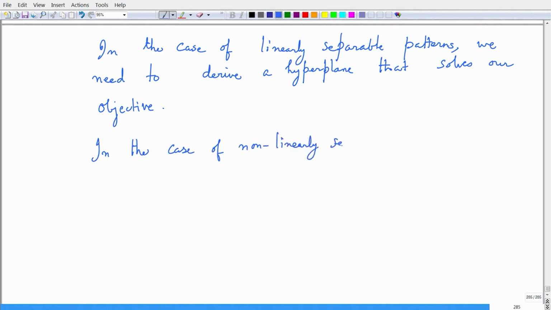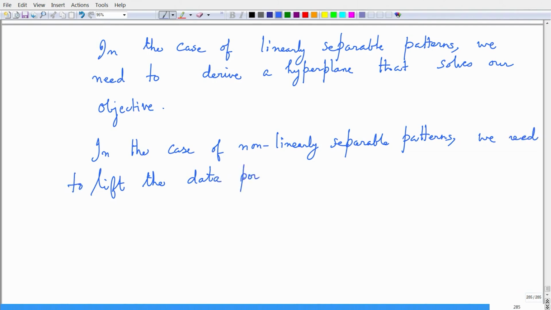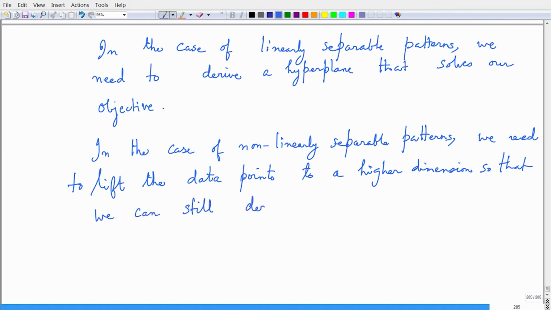And in the case of non-linearly separable patterns, we need to lift the data points to a higher dimension so that we can still derive a hyperplane that solves our objective, right.